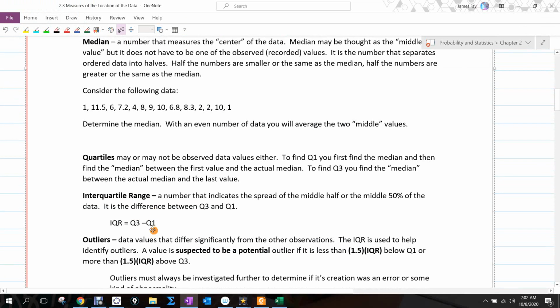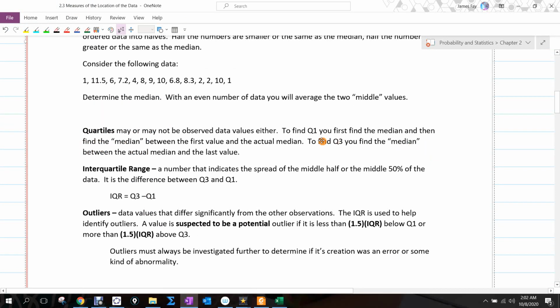Once we find the median, it talks about the quartiles, which we did. To find Q1, you first find the median, and then find the median between the first value and the actual median. To find Q3, you find the median between the actual median and the last value.